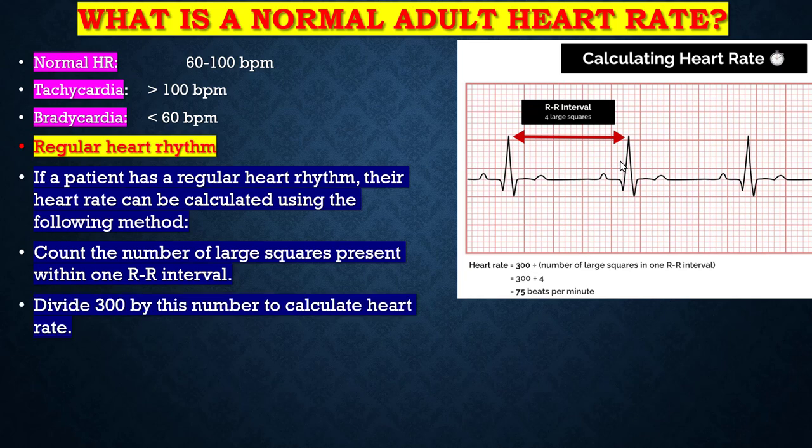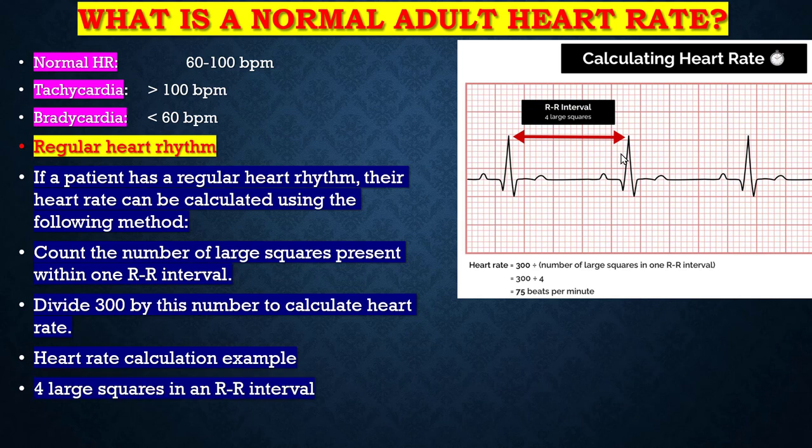Divide 300 by this number to calculate the heart rate. Here in this picture, the big squares are 1, 2, 3, and with the small squares added, there become 4 big squares between these two R waves.